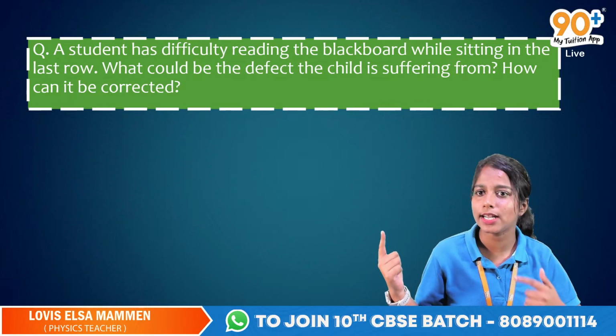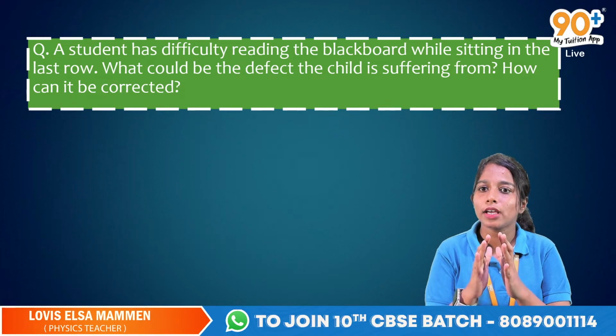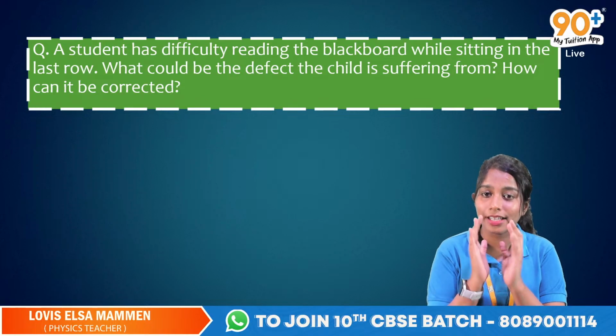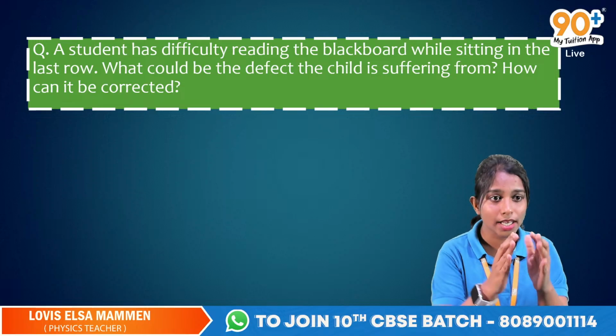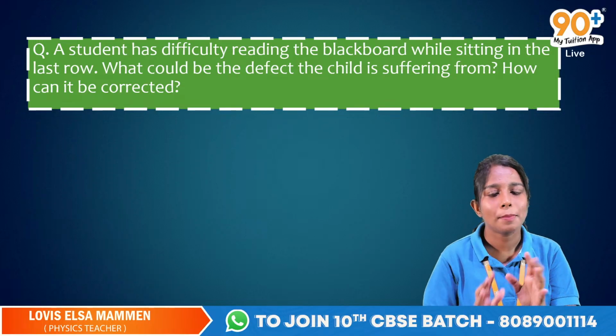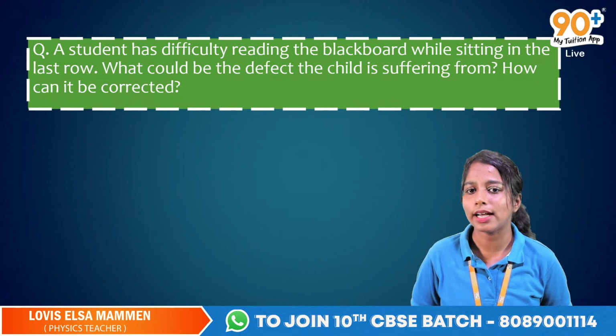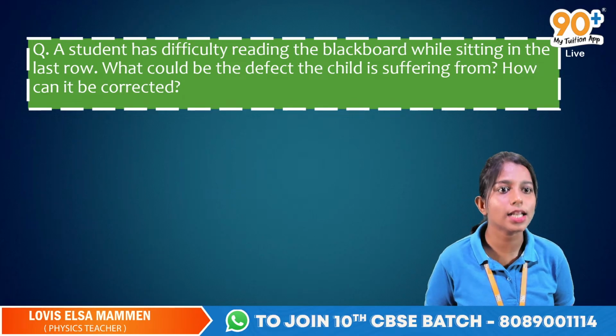Did you understand why we say myopia? Look here, read the question. This student has difficulty reading the blackboard while sitting in the last row. That means, what can you understand from that? It only says he cannot see what is written on the blackboard. What does that mean? He can see nearby things.